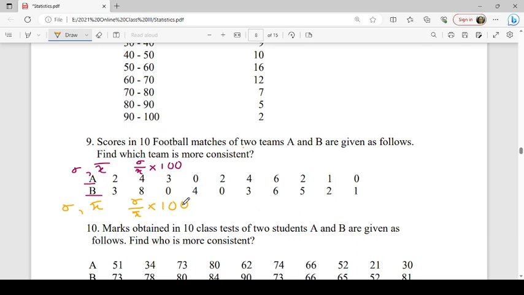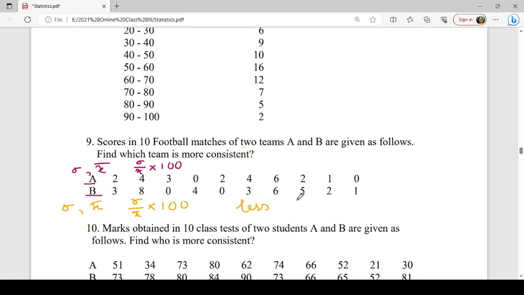Now compare this. So which is less? So less coefficient of variation is more consistent.